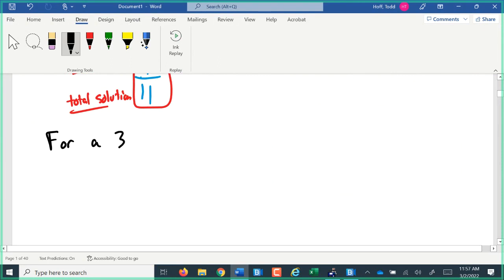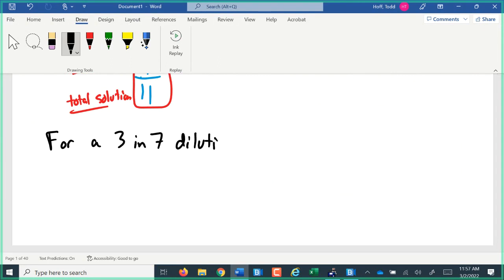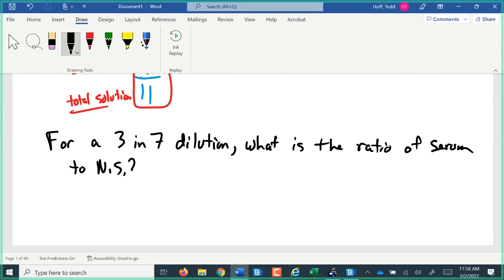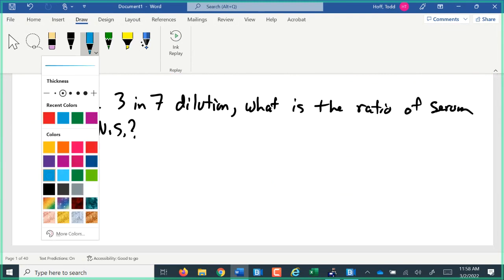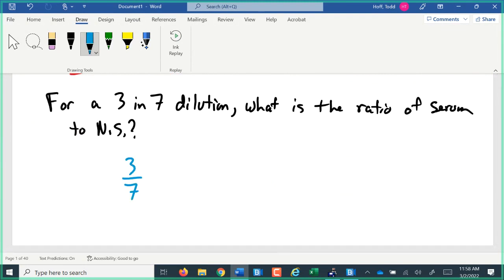For a 3-in-7 dilution, what is the ratio of serum to saline? So again, we'll write down our dilution ratio. It's 3 to 7. Well, the 3 represents the parts of serum.